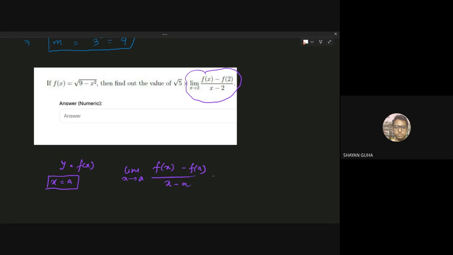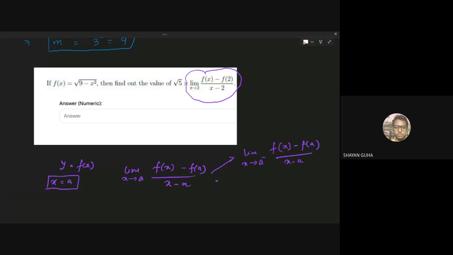Now, since you people know limits, this can be divided into two parts. One is the left hand limit, as x approaches a from its left hand side. This is called left hand derivative, normally denoted as LHD, f of x minus f of a divided by x minus a.